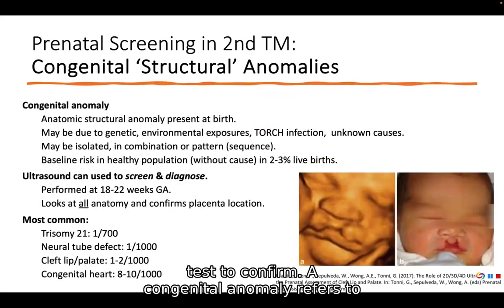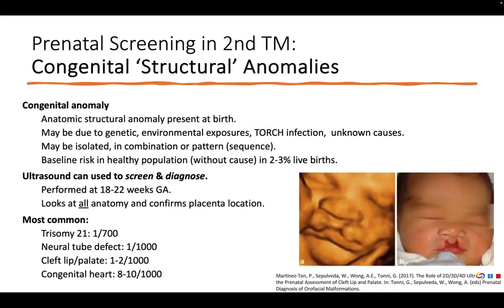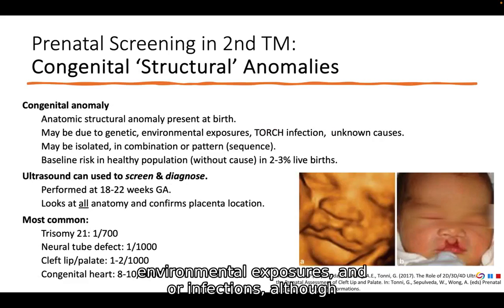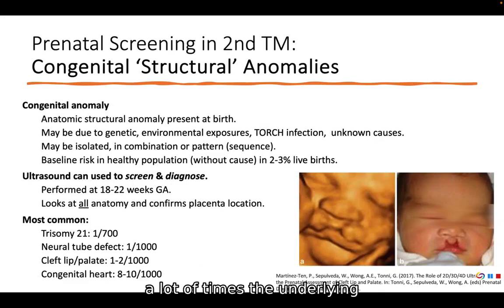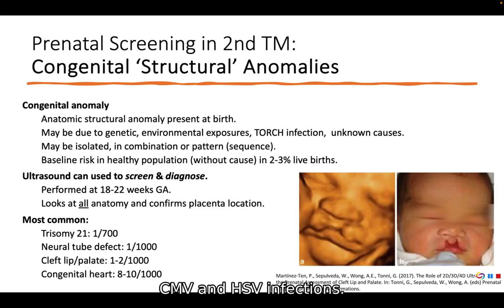A congenital anomaly refers to an anatomic structural anomaly present at birth. These defects can be caused by genetic abnormalities, environmental exposures, and/or infections, although a lot of times the underlying etiology is not known. TORCH refers to toxoplasmosis, others being syphilis and varicella, rubella, CMV, and HSV infections.